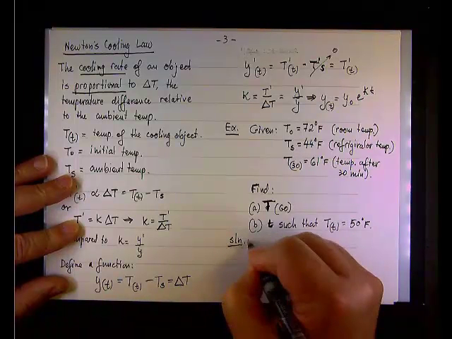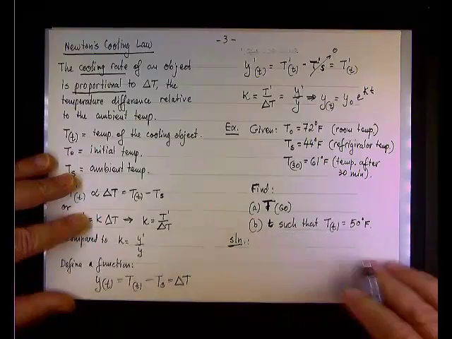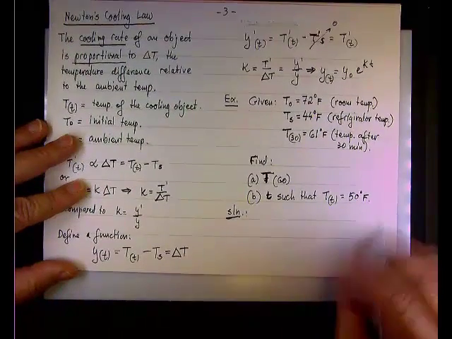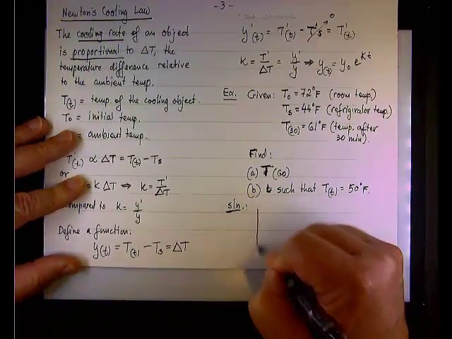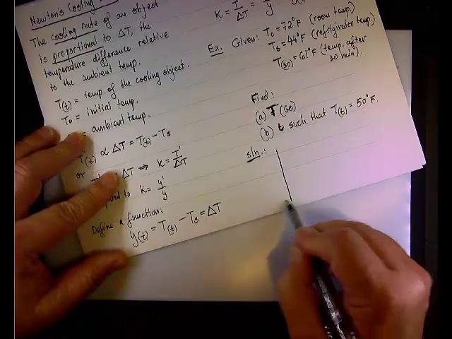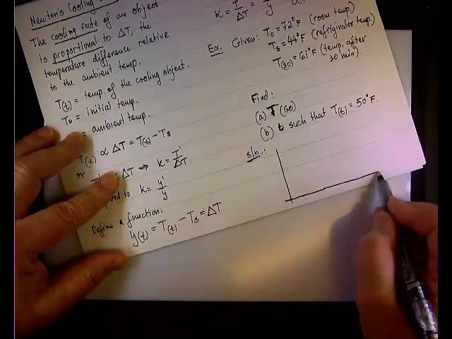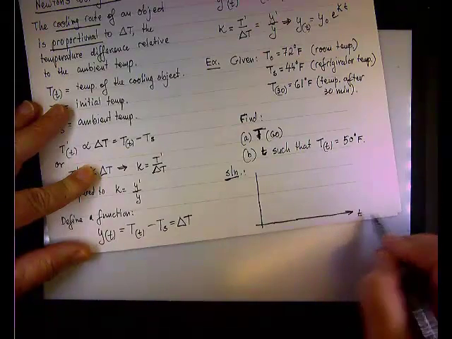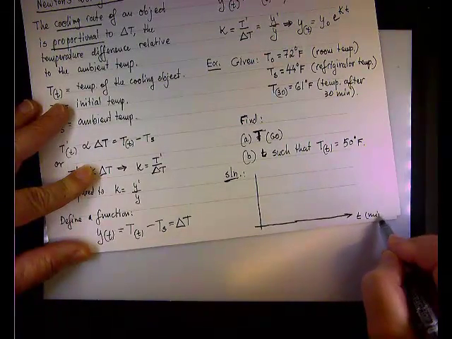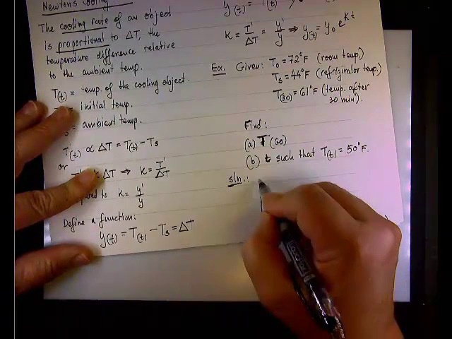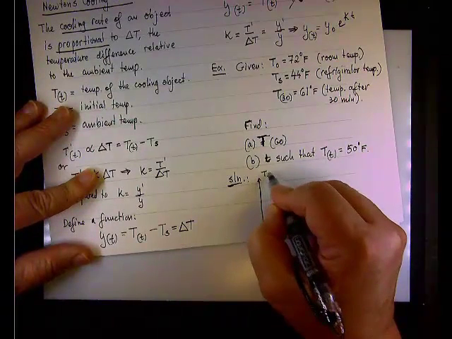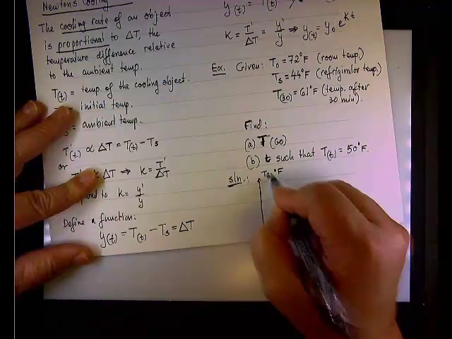Just to look at the process visually, if we graph a sketch of a possible function T of t over time, the horizontal axis is the time in minutes, and the vertical is the temperature in Fahrenheit.